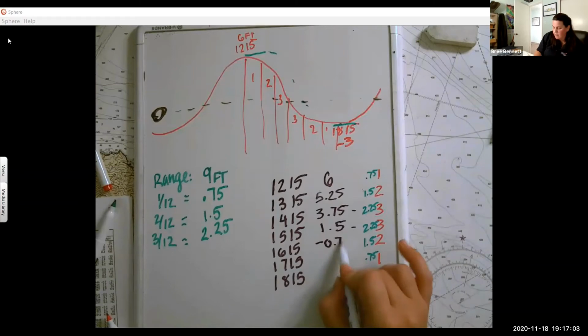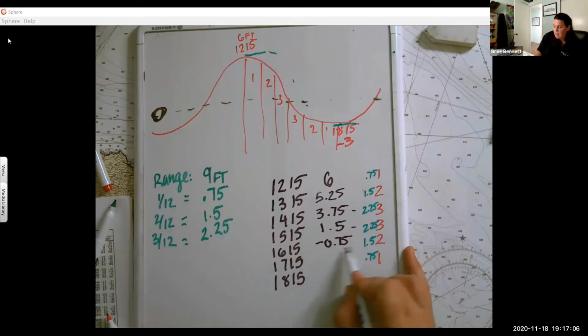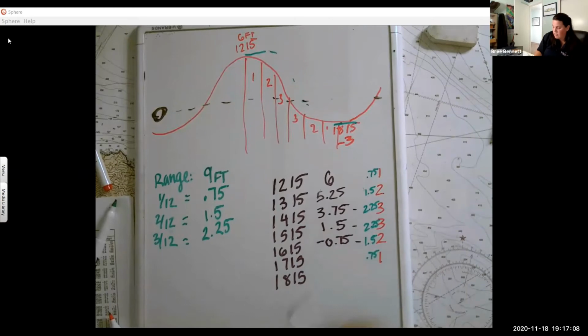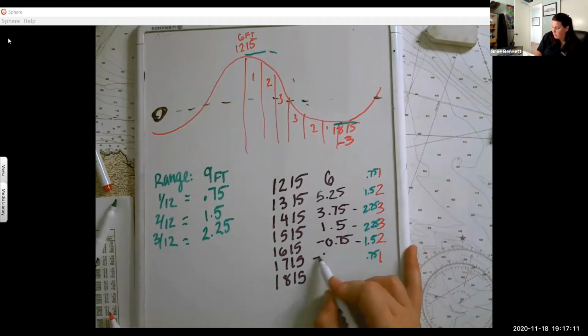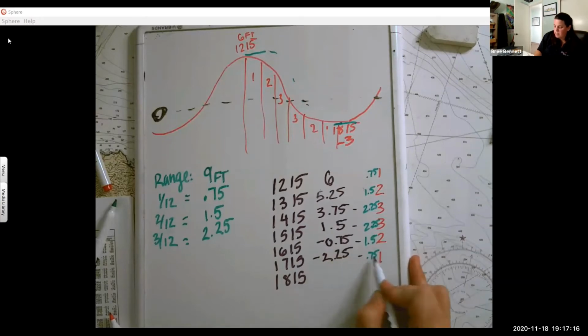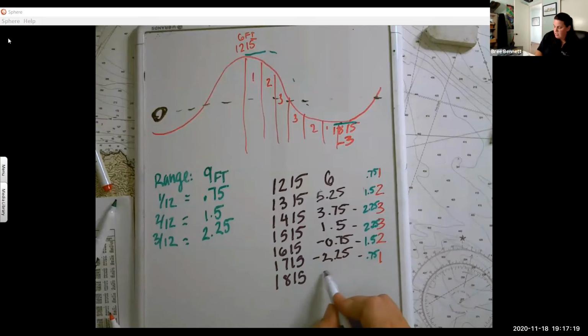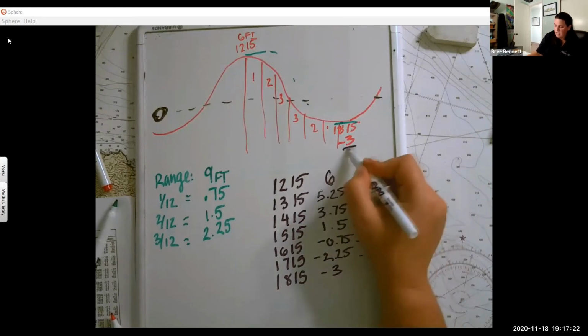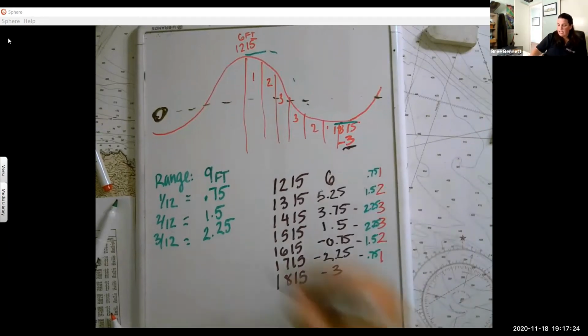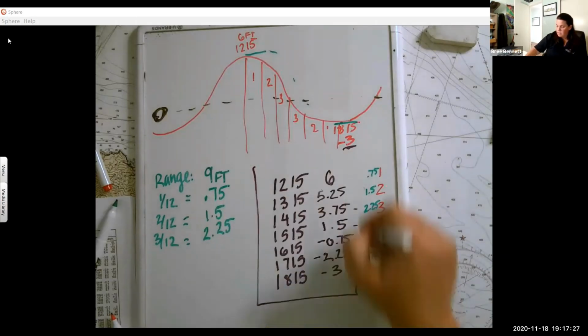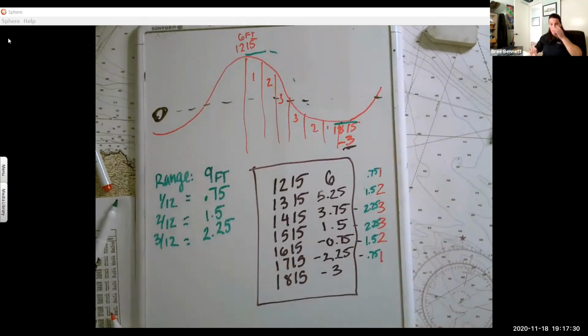Negative 0.75. Negative 0.75 minus my 1.5 gives me negative 2.25. Minus my 0.75 gives me -3, and that is what I'm ending with. So now I have a little tide table for this specific area. And it asked me, what is the tide at 16:15?